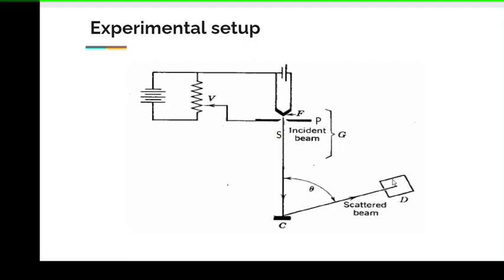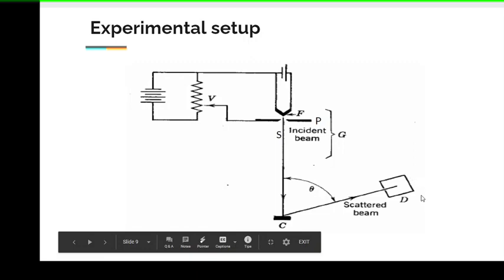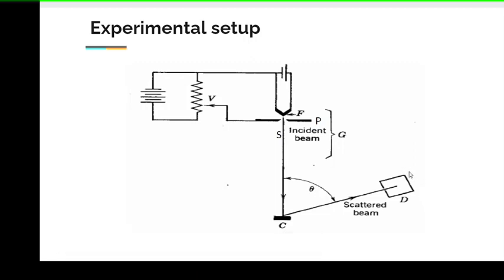This D is a chamber in which the electron beam scattered in a given direction from the nickel crystal is received. This chamber can be rotated about an axis in the face of C, passing through the point of incidence of the electron beam.